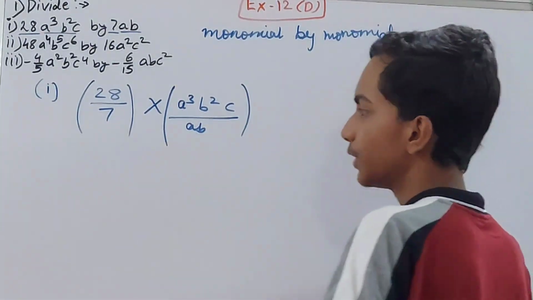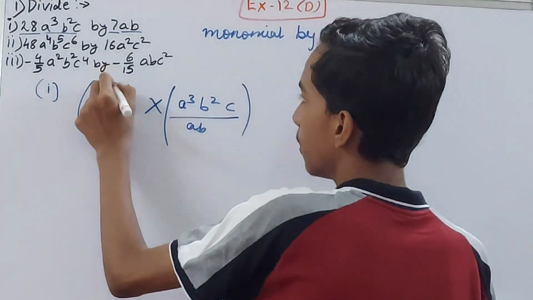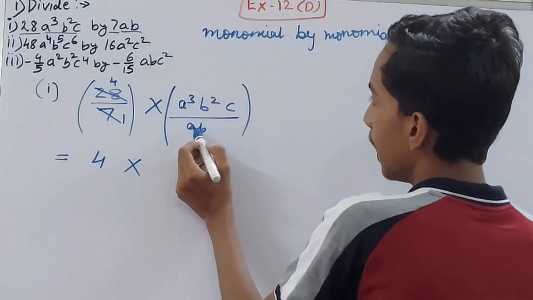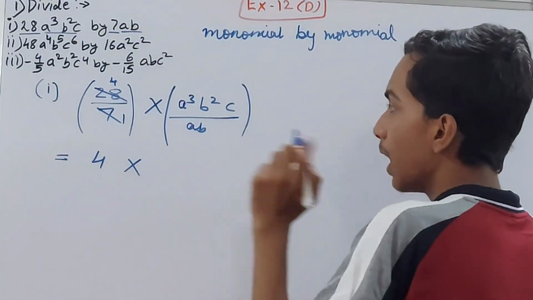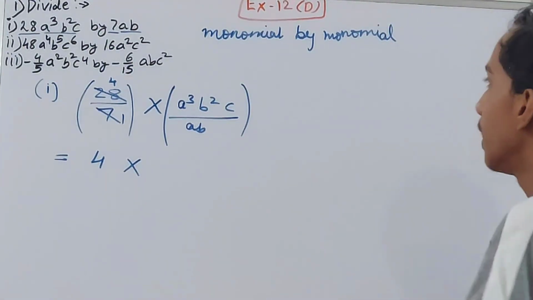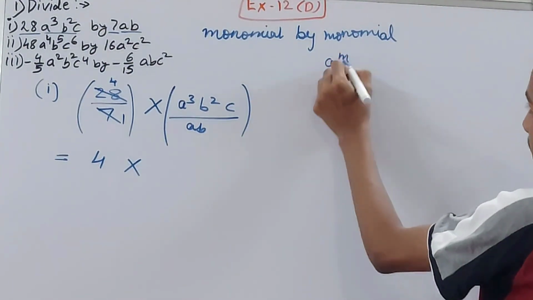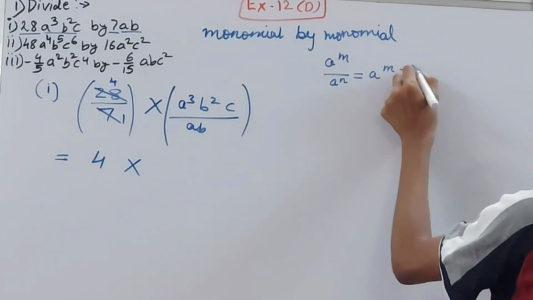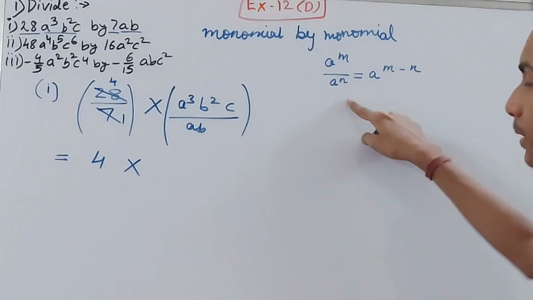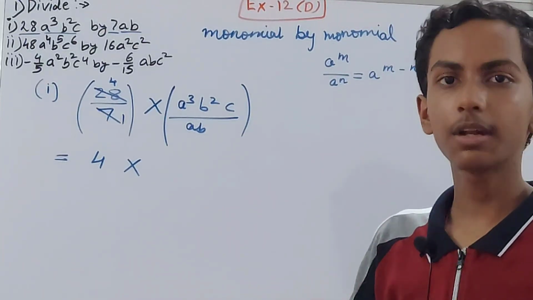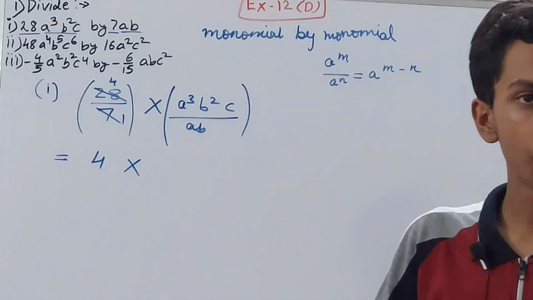Now you can solve this. 28 will go 4 times by 7, 4 into a cube and a. As I said, when you are dividing, the power will be subtracted. If you have a to power m divided by a to the power n, you have simply a to power m minus n. The power of the denominator is subtracted from the power of the numerator.